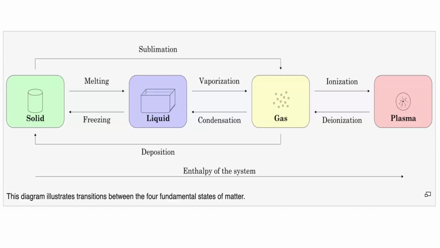So now the next thing that we are going to look at is change of state of substances. Generally, we have different states of matter. We have solid, liquid, gas, and plasma.